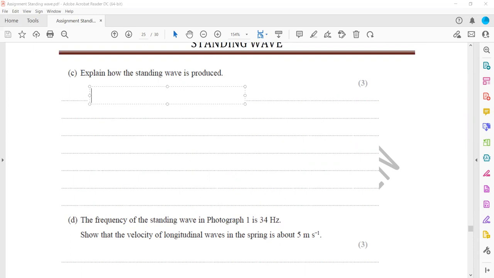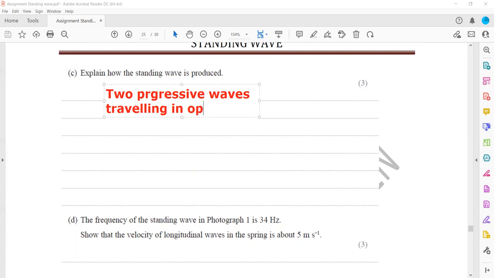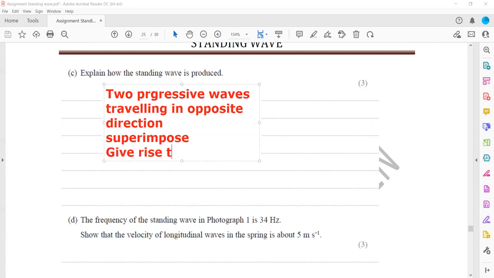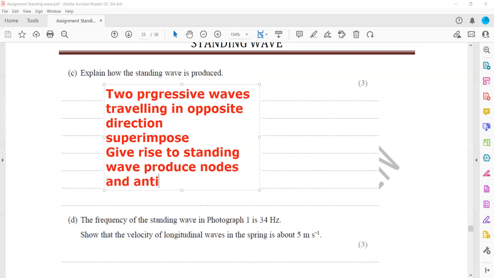So when two waves travel in opposite directions and superimpose, they give rise to a standing wave, producing nodes and antinodes.